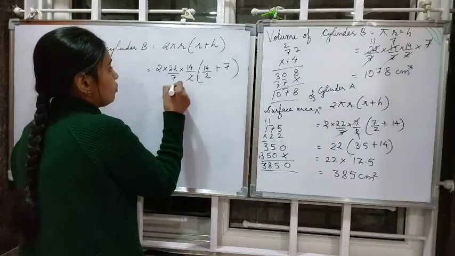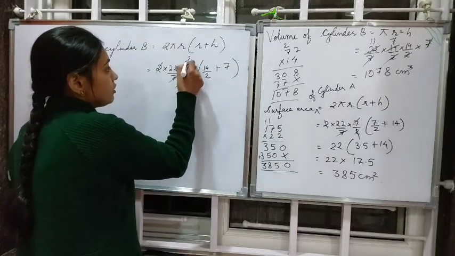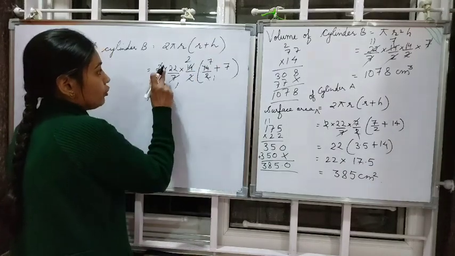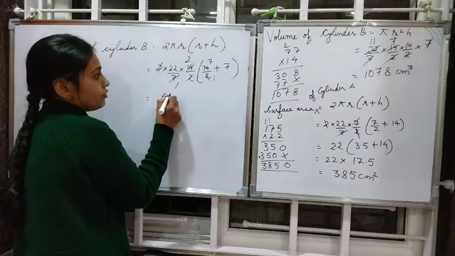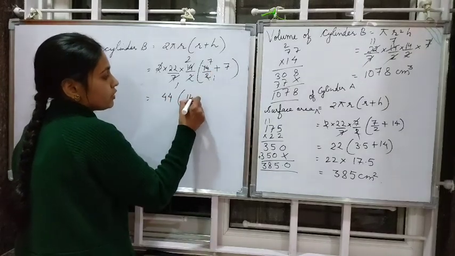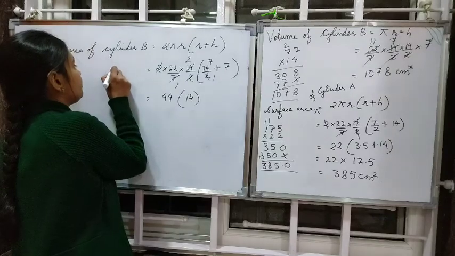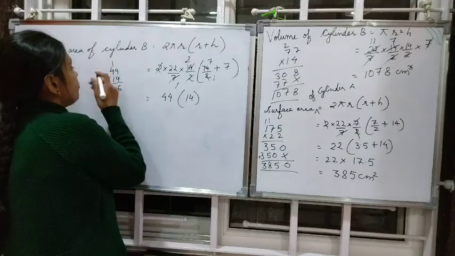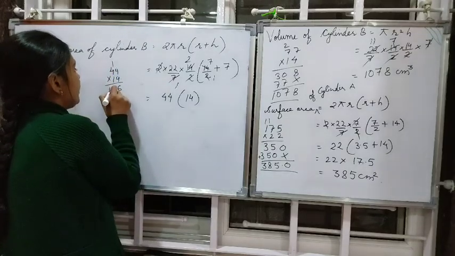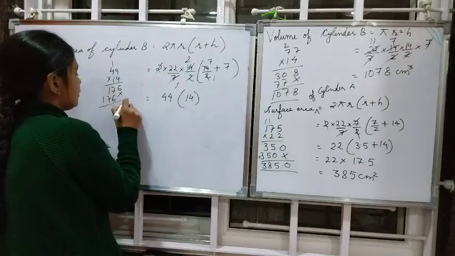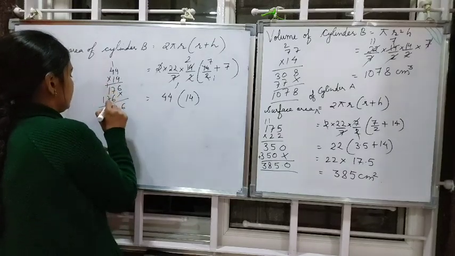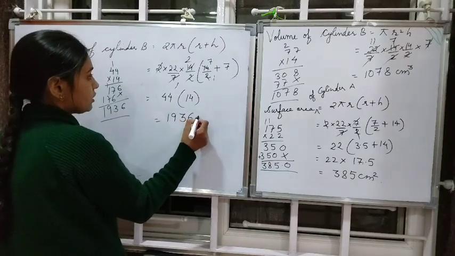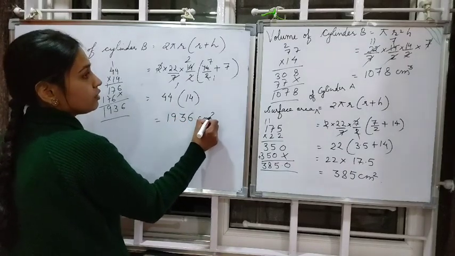So here 2 and 2 got cancelled. 7 ones are 7, 7 twos are 14. Here also 2 ones are 2, 2 sevens are 14. Now 2 into 22 gives us 44. And here 7 plus 7 gives us 14. So 44 into 14. 4 4s are 16. 4 4s are 16. 17. 176. So it is 1936 centimeter square.